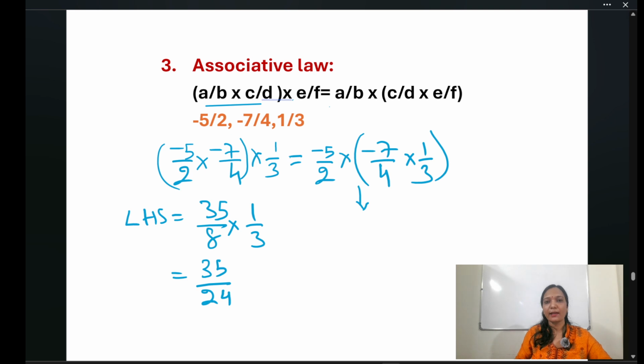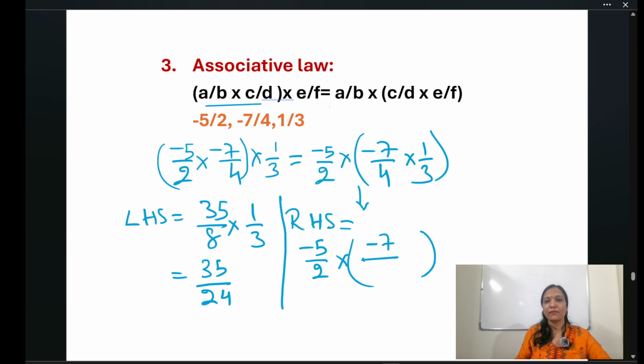सिमिलरली फॉर RHS, -5/2 into, within bracket we'll solve, minus into plus which is -7, 4 into 3 which is 12. So -5 into -7 again 35/24.